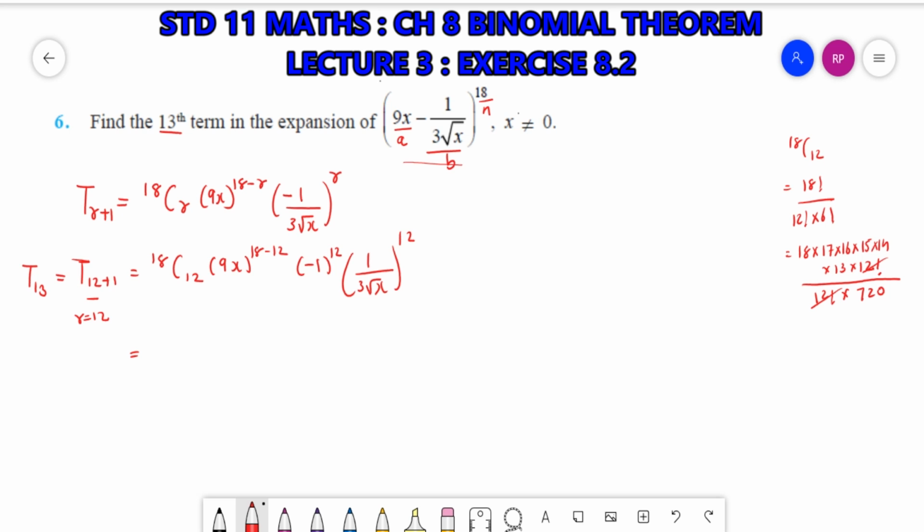So 12 factorial, 12 factorial gets cancelled. So when you calculate, this will be equal to 18564.